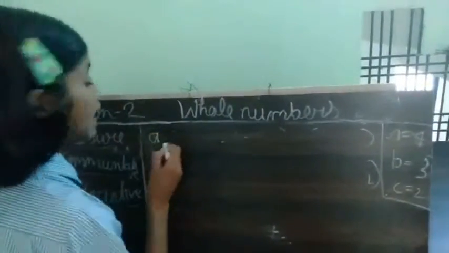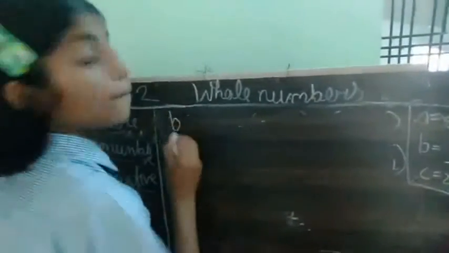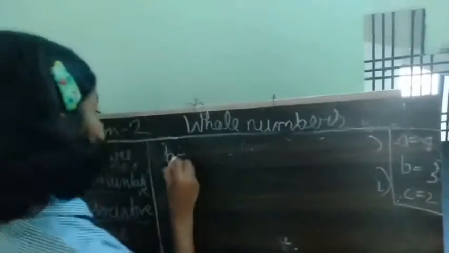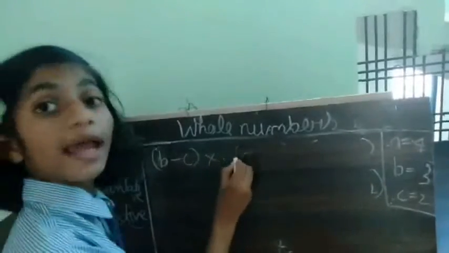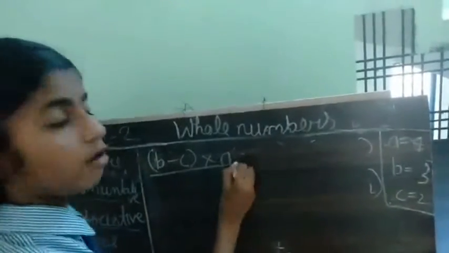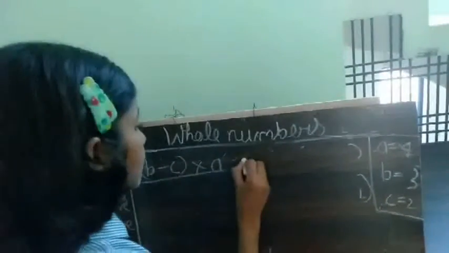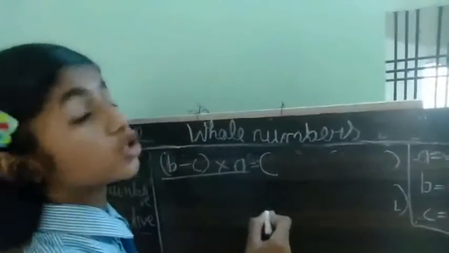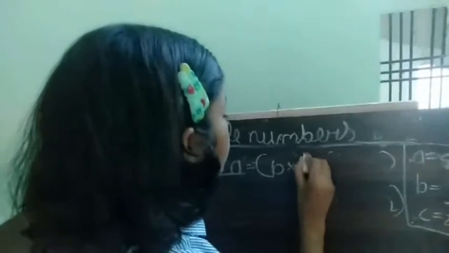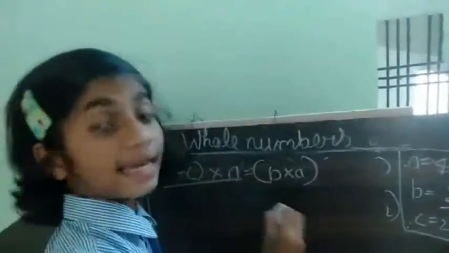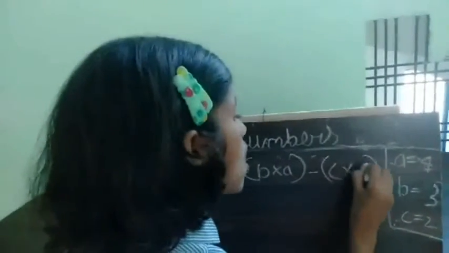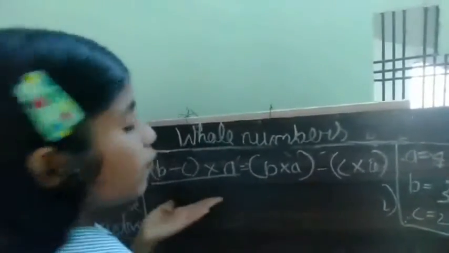Method number two: B minus C into A. Now we will solve it. First, bracket B into A, bracket, minus sign, bracket, and then C into A. By number we can do this.